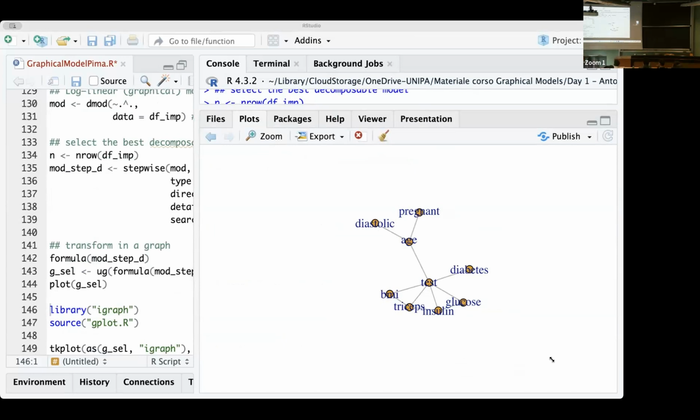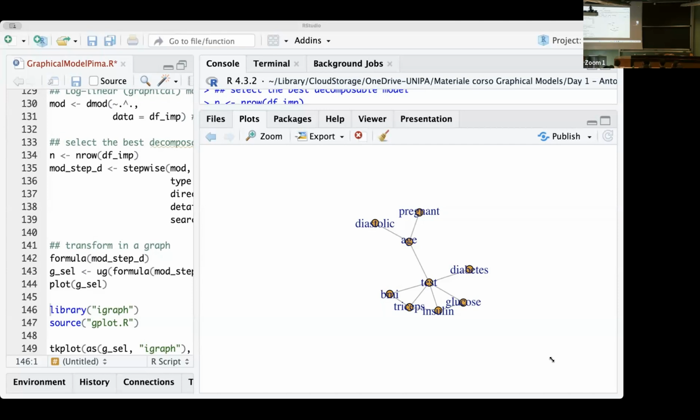This comes from the model selection on the decomposable graph, so I don't expect a chord there. I expect that here at most I have 1, 2, 3, but not 1, 2, 3, 4. So there should be a link here, because that one is not in the class of models I'm estimating.